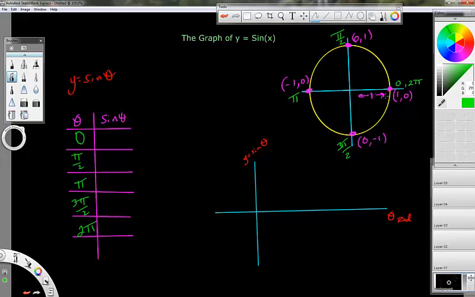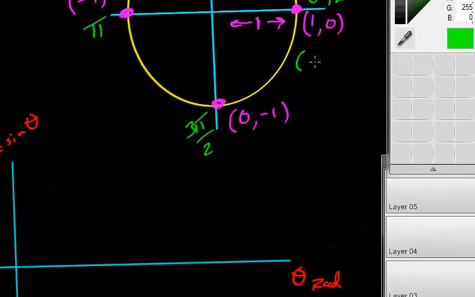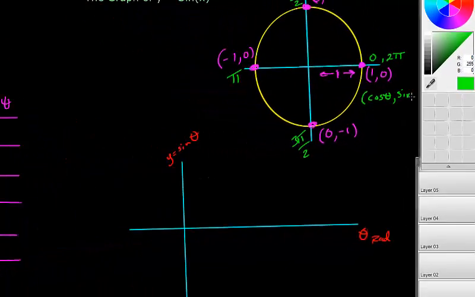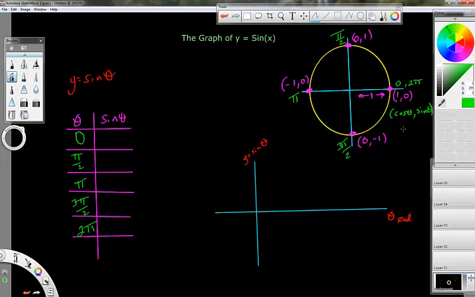The other thing to remember is the coordinates, these pink numbers here, this 1, 0. We remember that being equal to the cosine of theta, sine of theta.